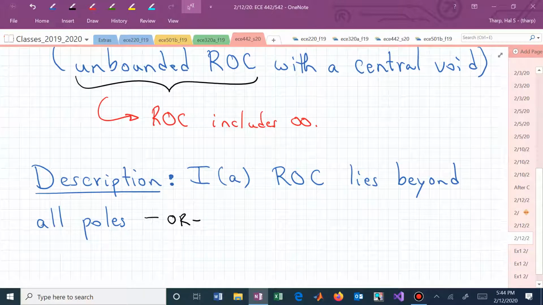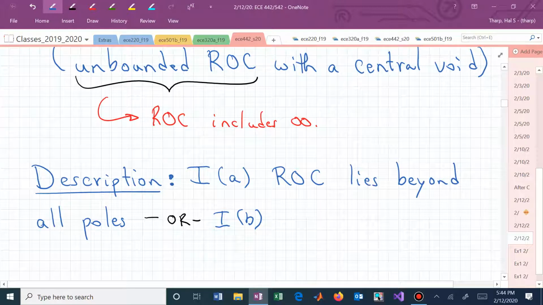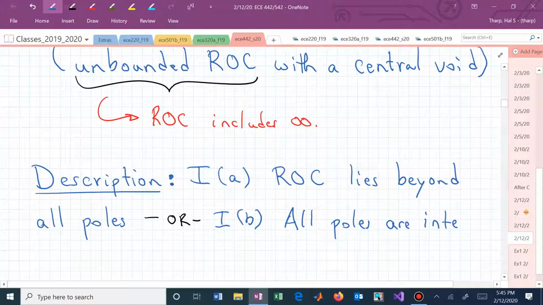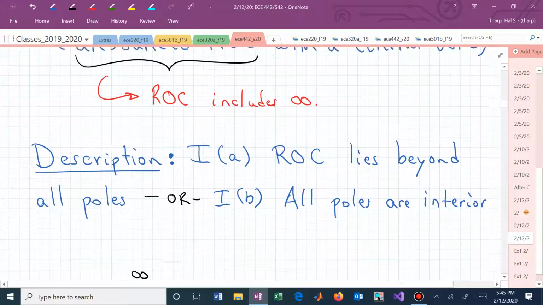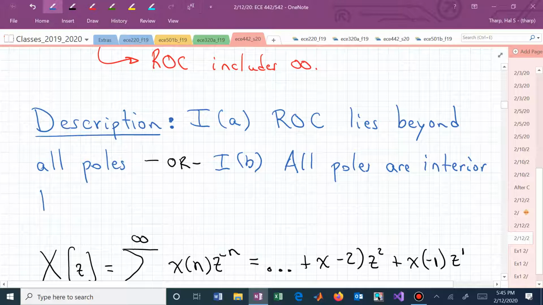Another way of saying that, let me say that this is now description B for pattern 1. All poles are interior to the region of convergence.